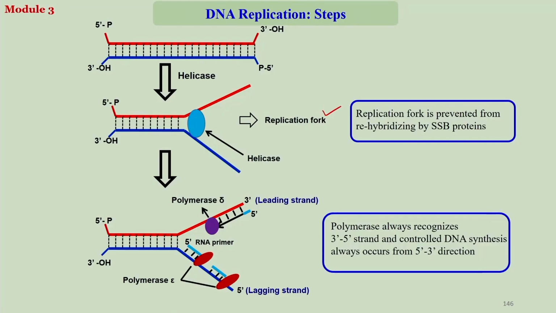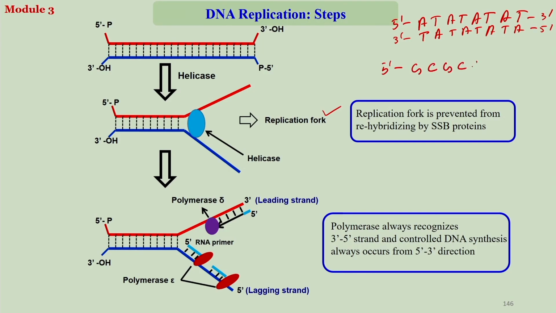So if you have a double stranded DNA, maybe all A, 5 prime to 3 prime, the complementary is T, A, T, A, T, A, T, A. And if this is one of your double stranded DNA, just consider a short version, and you have G, C, G, C, G, C, G, C, the 3 prime would be C, G, C, G, C, G, C, G.